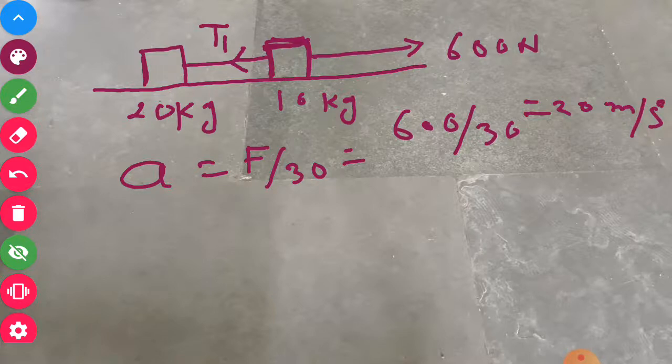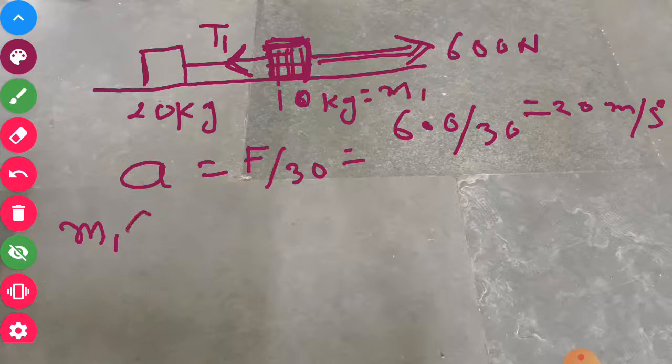Now try to understand. When you are applying the force in this direction, the tension in this string is in this direction. Now the resultant force on this object, m1 being 10 kg, is mass into acceleration, and that is equal to this force of 600 Newton minus the tension which is produced in the opposite direction.